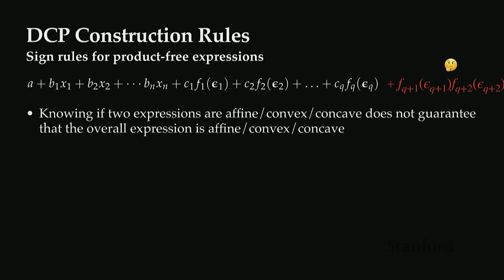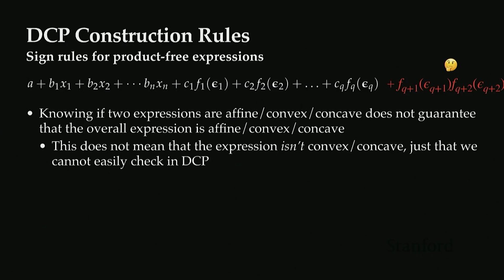In general, knowing if two expressions are affine or convex and concave doesn't say anything about their product. Think of even just x1 times x2. That's going to look something like this, and even though those two things are affine, that thing is immediately non-convex. That doesn't mean the expression won't be convex or concave, just that we can't easily check using our DCP construction rules.